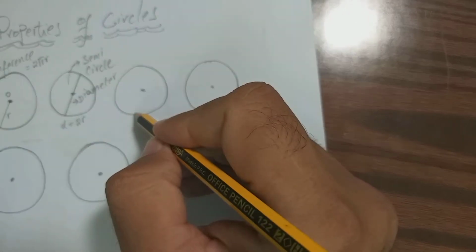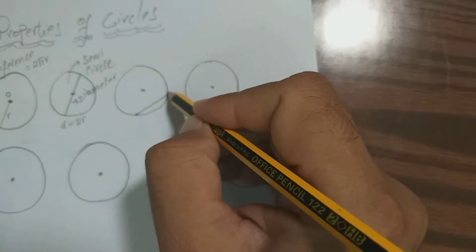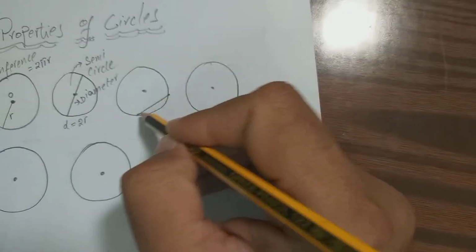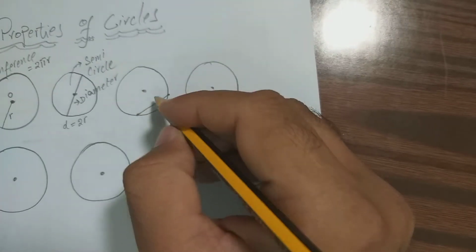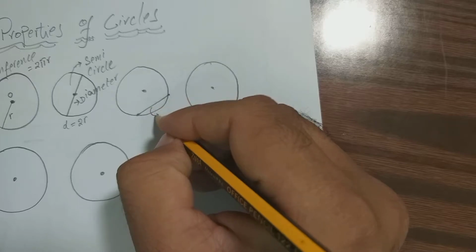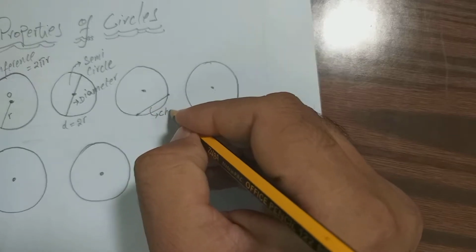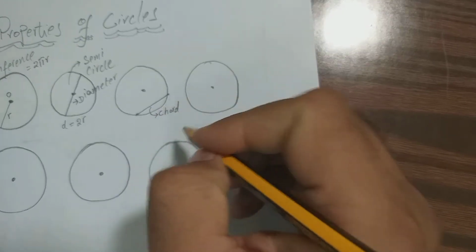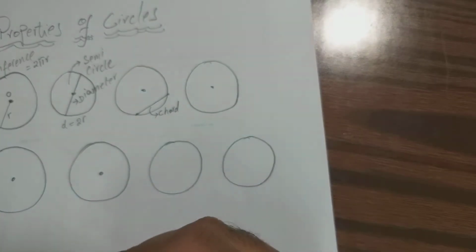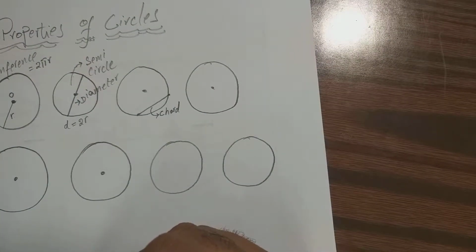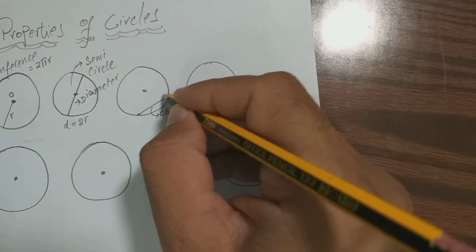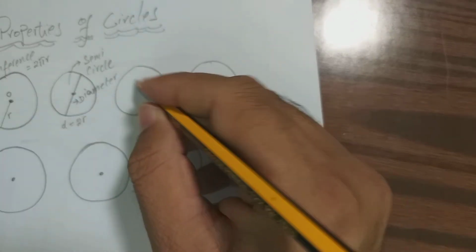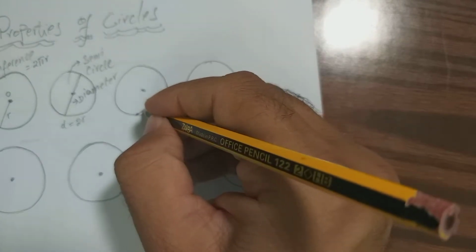A line which touches two points of the circle but does not pass through the center is called the chord. This chord divides the circle into two parts.